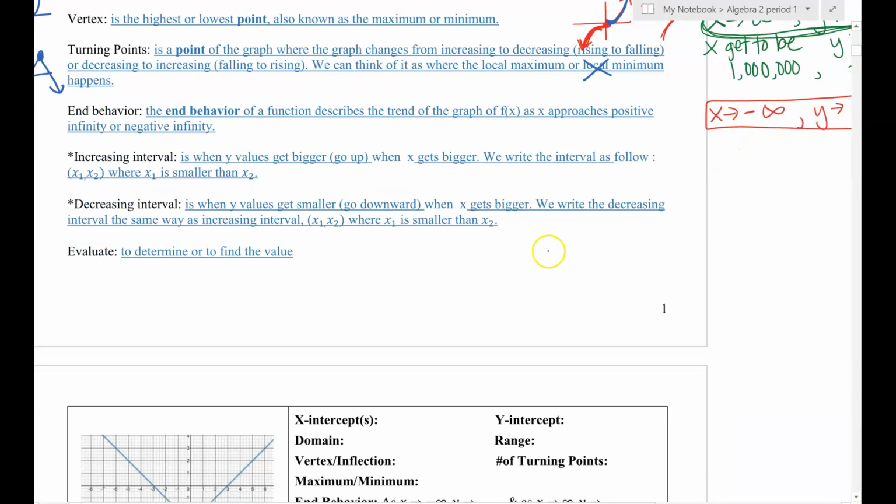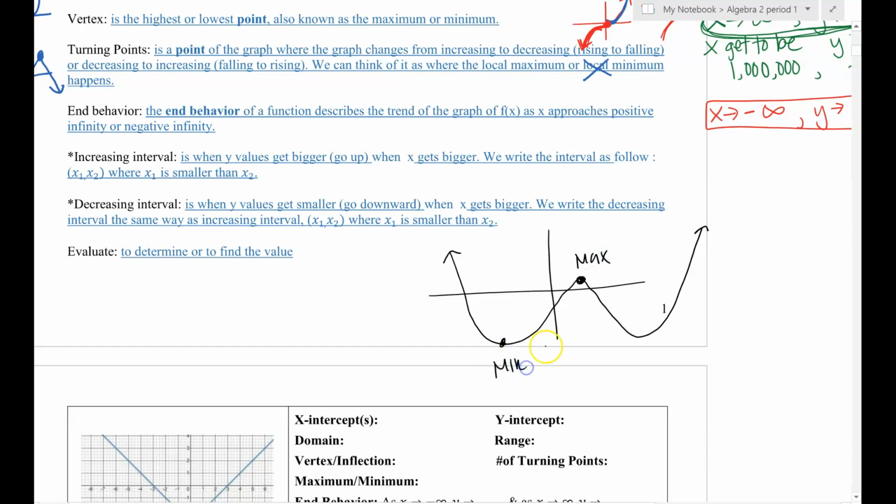So let me sketch another graph down here. Okay, so we have this maximum, and then we have a minimum. This is the minimum, and this will connect to, and these are also called vertices, vertex, right? With 3 vertices. Increase and decrease, super difficult.